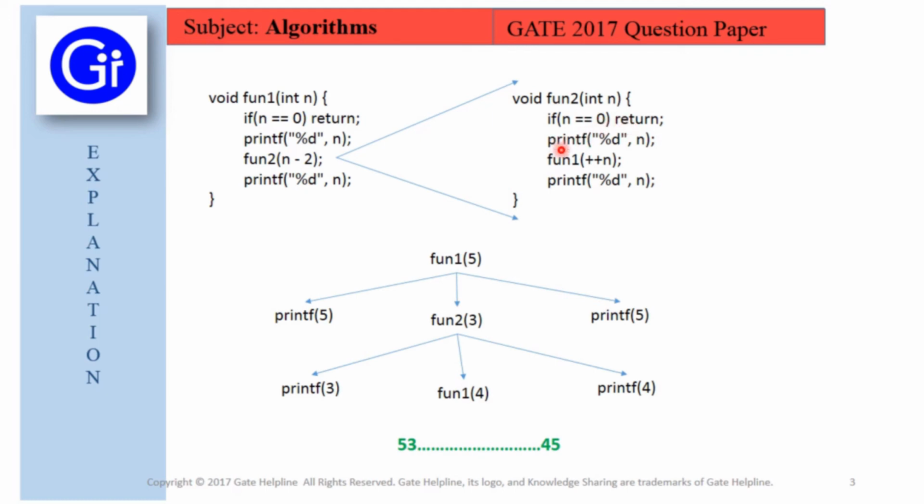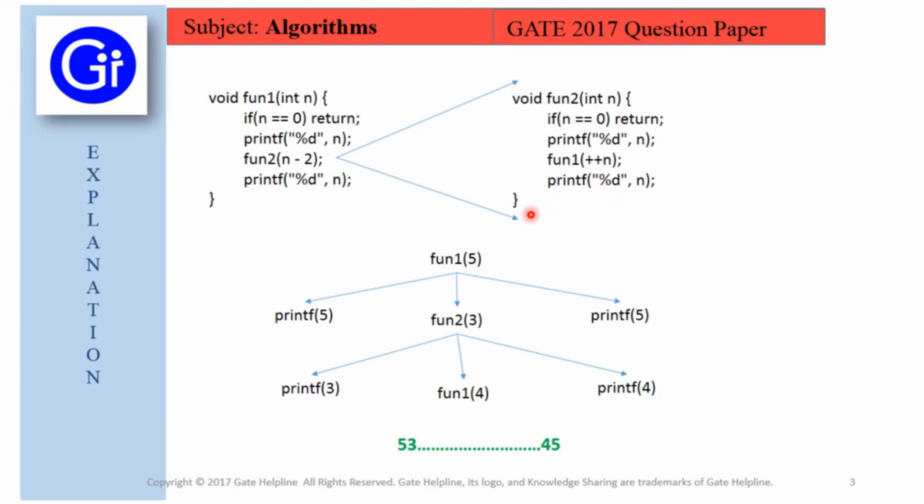In the next line, there is a print statement which prints the value of n. Then there is a call to function 1 which pre-increments the value of n. And here is the main concept, because the pre-increment is a unary operator which will increment the value of n right here itself. Then there is a print statement which prints the value of n.